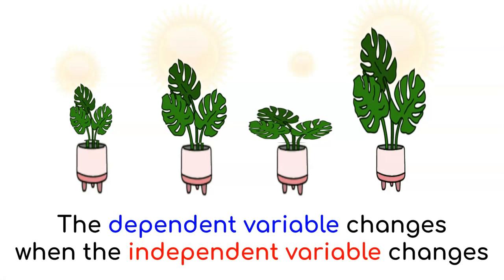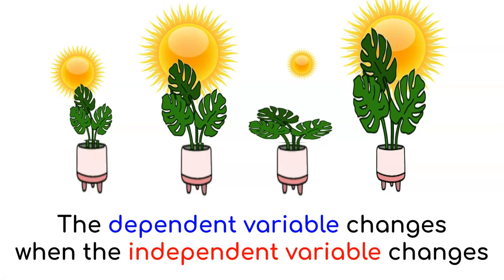The dependent variable changes when the independent variable changes. If the amount of sunlight changes, that's the independent variable, then how the plants grow will also change. That's the dependent variable. The growth of the plants depends on how much sun each plant gets.